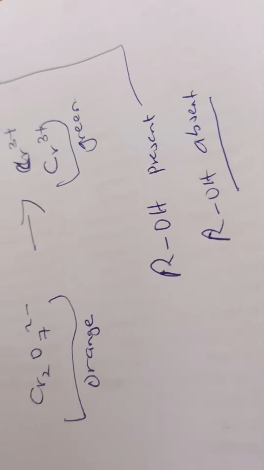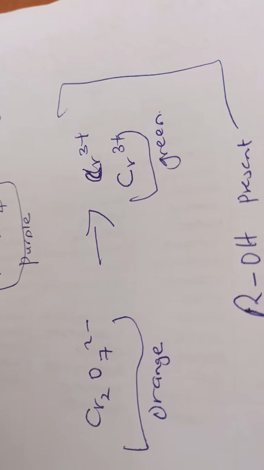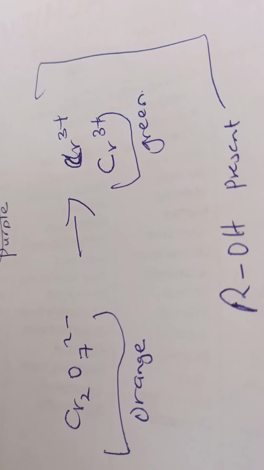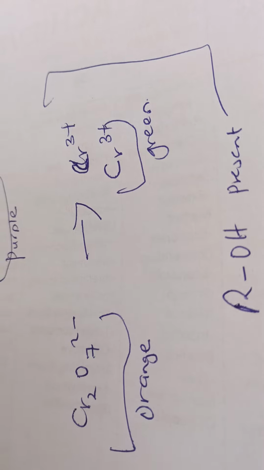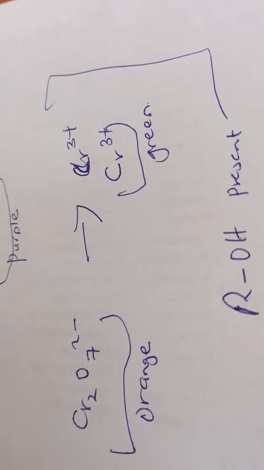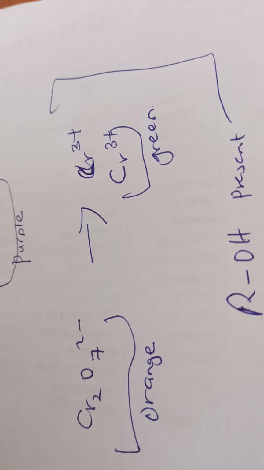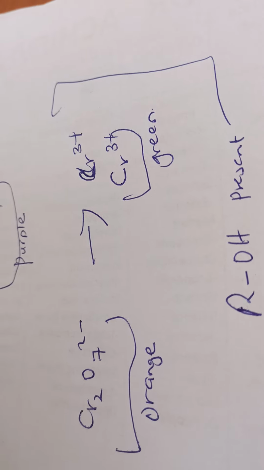But if the orange color changes to green, then ROH is present. The oxidation takes place when there is an acid that acts as a catalyst.